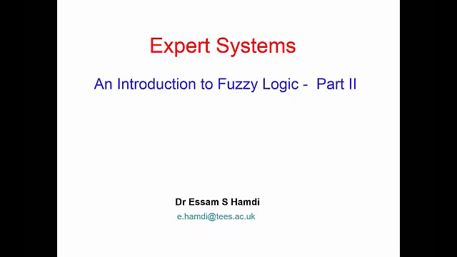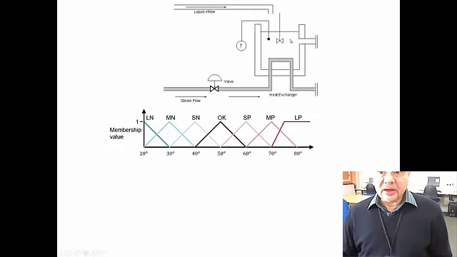Hello again. In the first part of this introduction, we considered the tank with a heat exchanger, and we control the valve here, which allows more or less steam so that the temperature of the tank is maintained at a certain value.